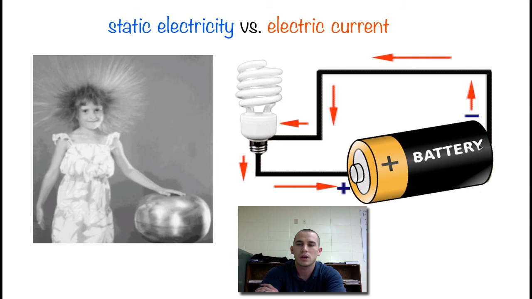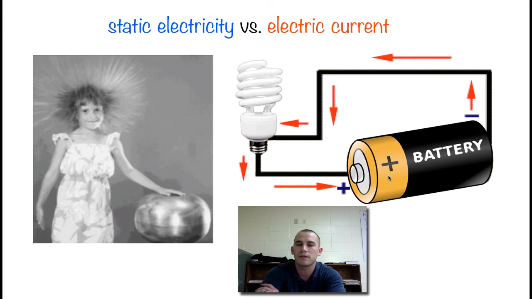On the negative side you have negatively charged particles repelling other negatively charged particles, the electrons in the wire, in this direction, and then the positively charged particles on this side are pulling those electrons down that path.